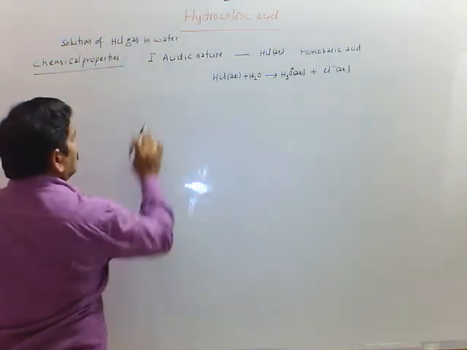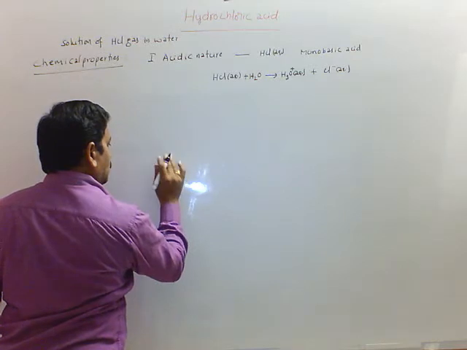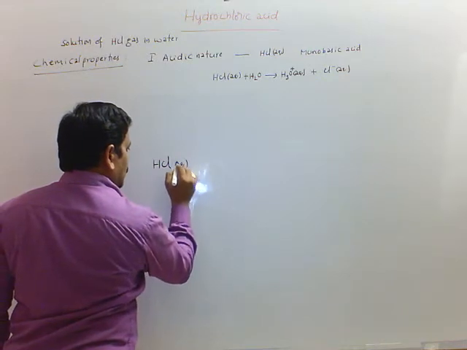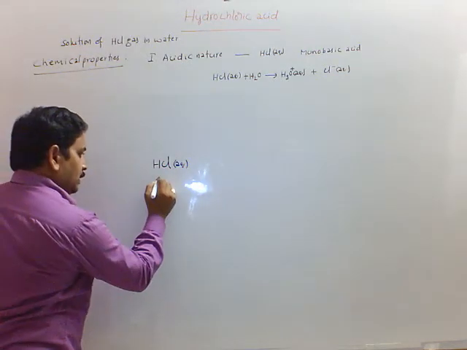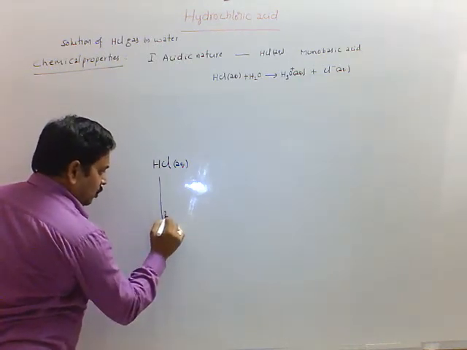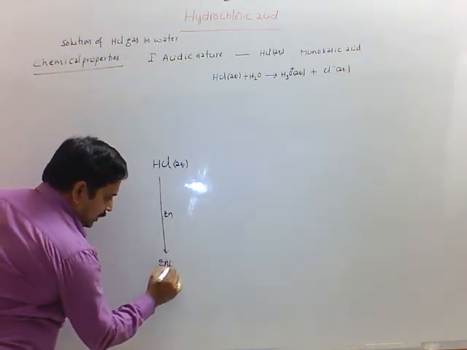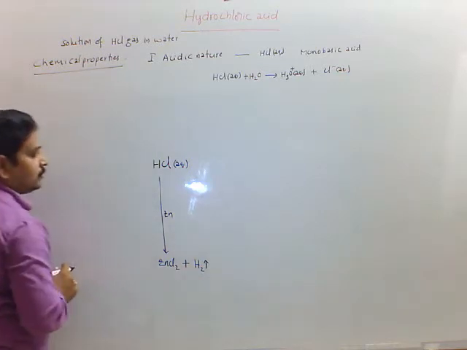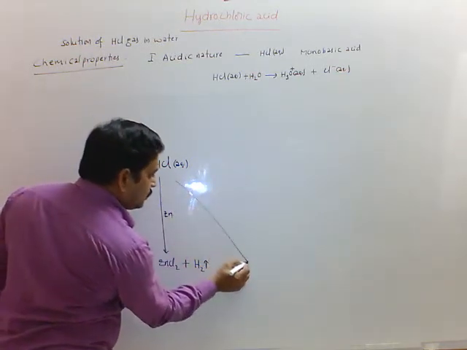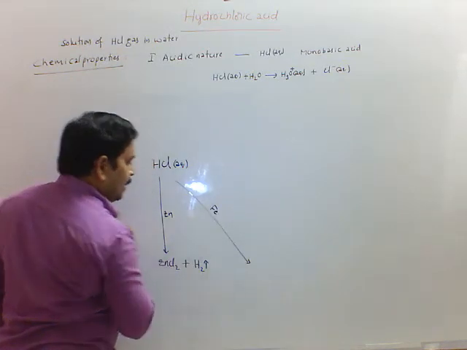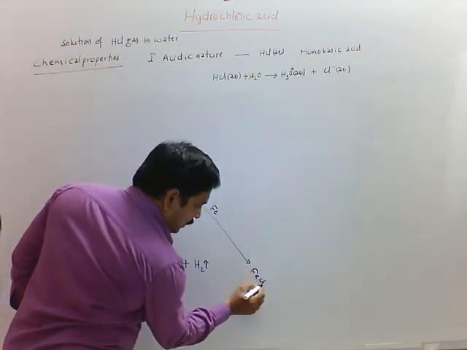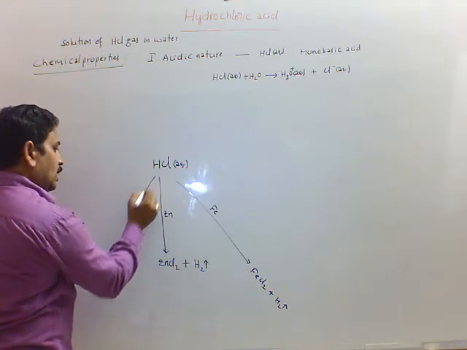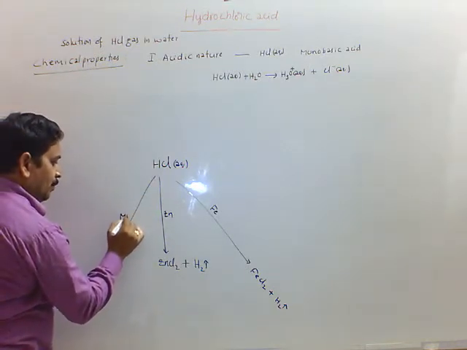See, first one, hydrochloric acid, that is HCl aqueous, treated with zinc metal, we get zinc chloride and liberates hydrogen gas, and also reacts with iron metal, we get ferrous chloride and liberates hydrogen gas, and also reacts with magnesium metal.